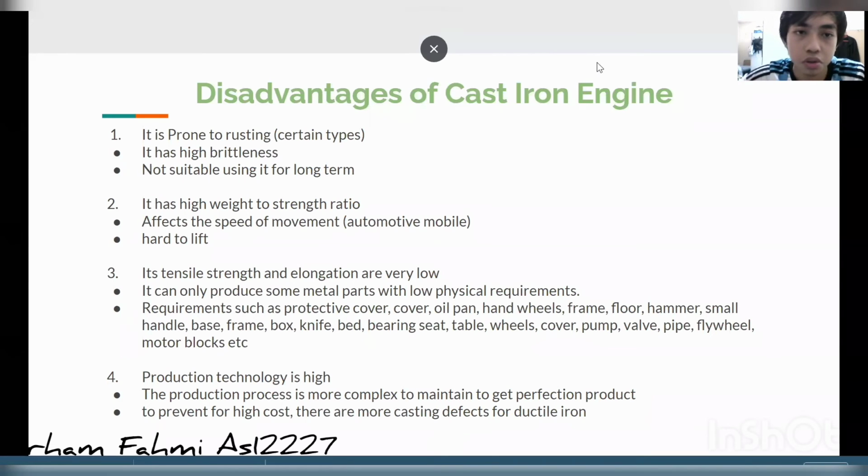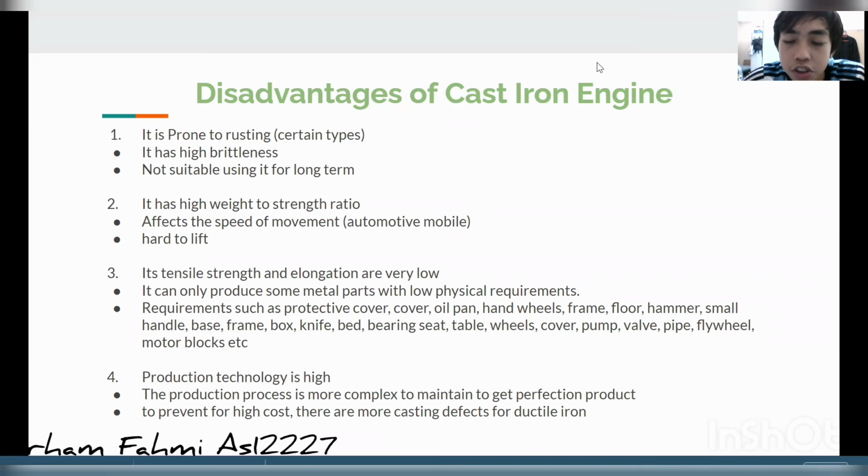Okay, we continue this subtopic, which is disadvantages of cast iron engine. Number 3 says that its tensile strength and elongation are very low, so it can only produce some metal parts with low physical requirements, because some parts using cast iron engine are not durable enough to accept overheating and overpressure applied on them.